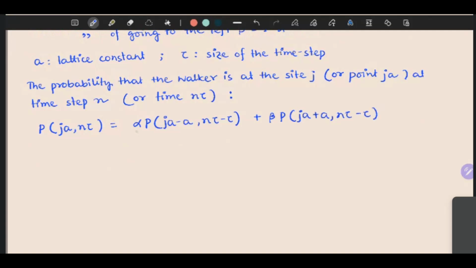Alpha is the forward going probability, going to the right, and beta is going to the left. So if it is at j at time n tau, then at the previous time n tau minus tau it was either at j minus 1 or j plus 1, and if it was at j plus 1, to reach j it should go to the left. That's why the associated probability is there, right?